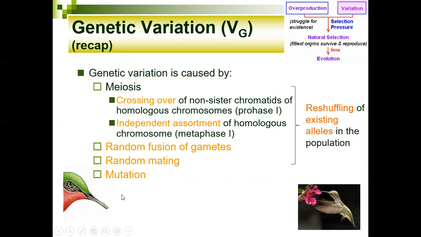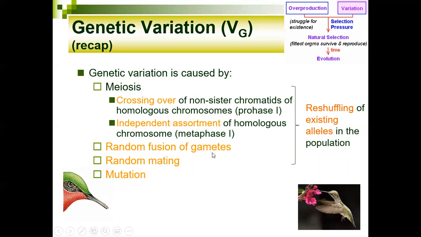So among all these methods which can give rise to genetic variation, meiosis all the way until random mating is actually reshuffling of existing alleles only. For meiosis, you're reshuffling the existing alleles between the homologous chromosomes to create new combinations.